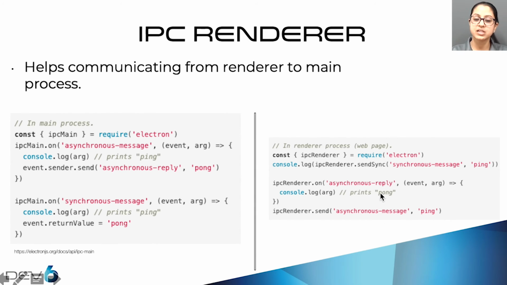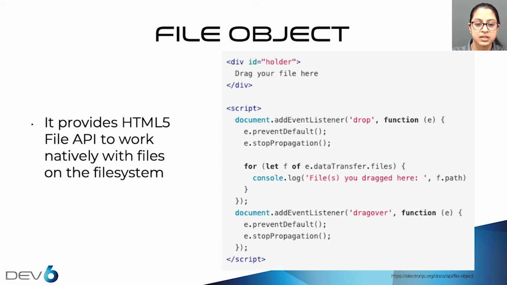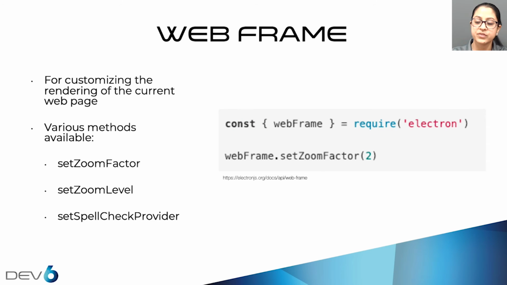So it's essentially the same communication. You have to use the right name of APIs. So again, I will remind you, just focus on whether you are writing the code in the render process or in the main process. And so these are some of the APIs which are available in render process.